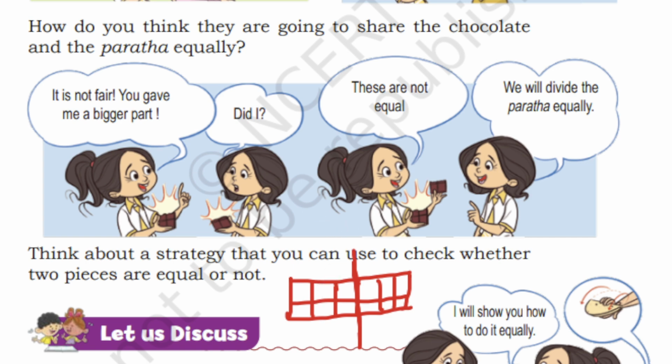But if you break at another place, not in the center, for example here, this portion is a smaller portion and this one becomes a bigger portion. So this is not equal. That is what they are discussing. They are not having an equal share of the chocolate, but they are planning to share the paratha equally.